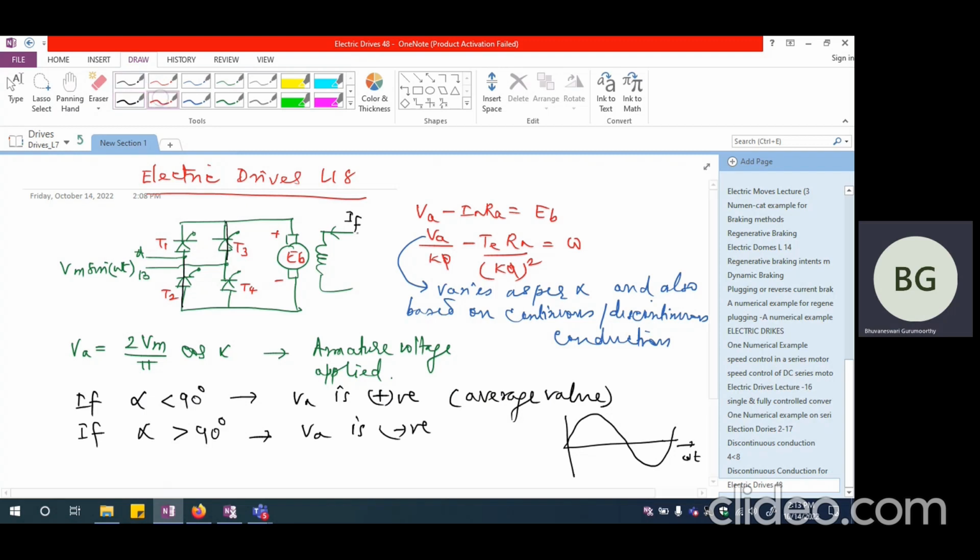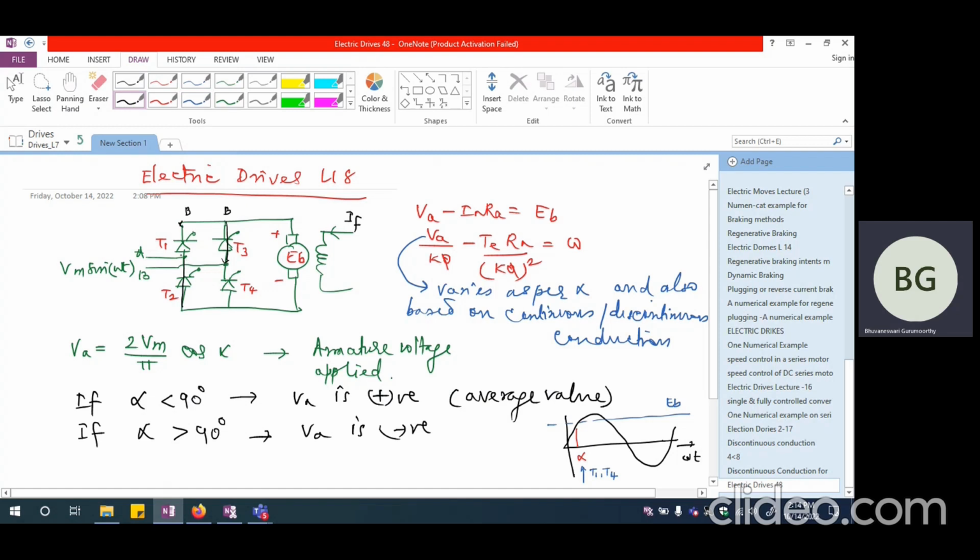So if I am looking at something as alpha here, and let us say the back EMF is somewhere here. When I am firing T1 and T4 here, and if I assume T3 and T2 are already conducting, then this point B comes into existence at this junction.